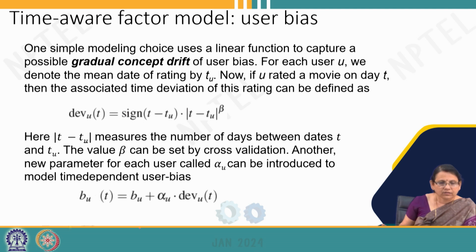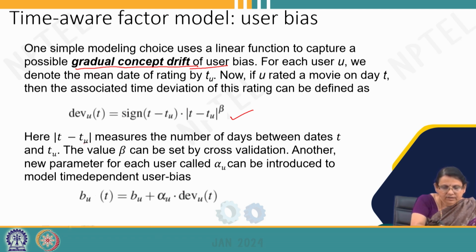So, to capture this concept of gradual concept drift of user bias, we may consider this function. Let us say TU is the number of days between the dates T and TU.